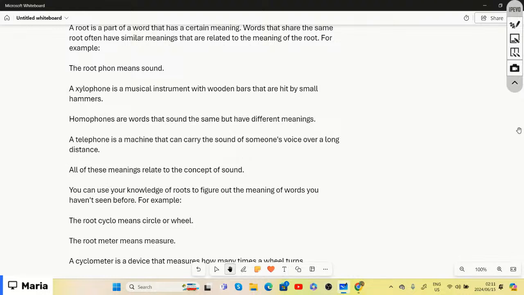Which means that when it comes to a xylophone, you need to hit that specific instrument in order for it to create sound, because it makes sound. And the different bars you hit, the different sounds it will create.